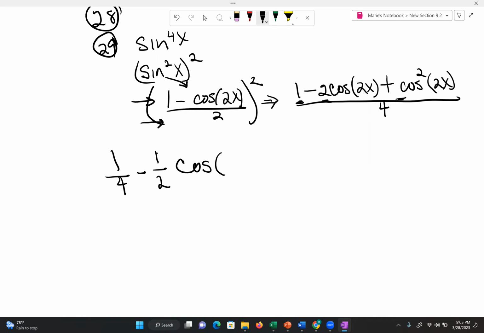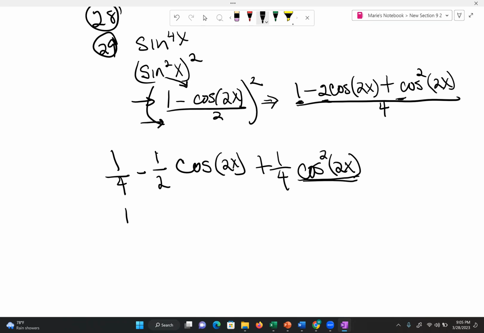cosine 2x plus 1/4 cosine squared 2x. Let me see here. I also want to reduce this. This is still a power of 2, but remember we're using power reducing.